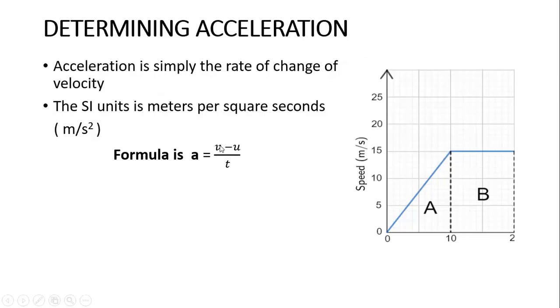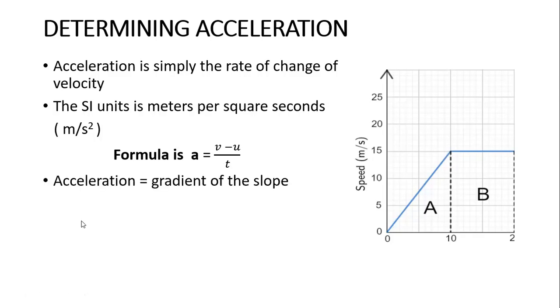Here v means final velocity, u is initial velocity, which is the velocity an object has when it is starting from rest, and t is time in seconds.